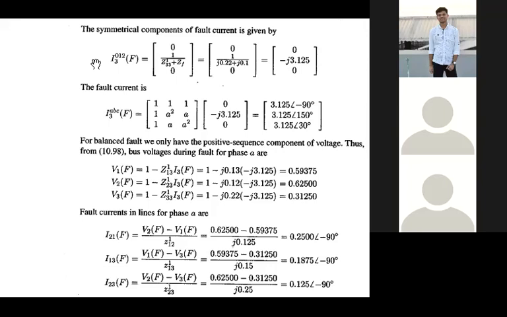Then you can get the answer for this part also. When we build the algorithm, why have we applied the bus building algorithm? We can find that by the inspection method, right? So why have we applied the bus building algorithm using those three rules? So that we can handle a lot of buses together, a large number of buses. Large number of bus calculation will be easier or simpler, because by the inspection method it will be difficult for you.